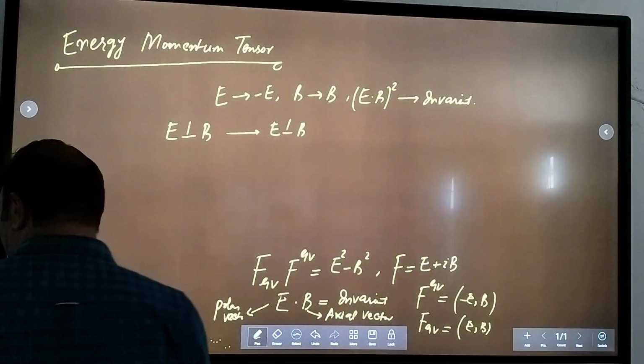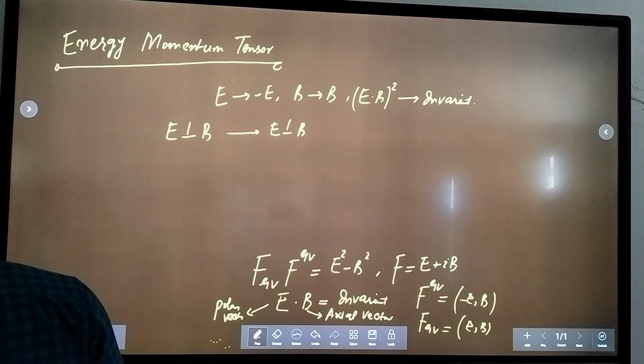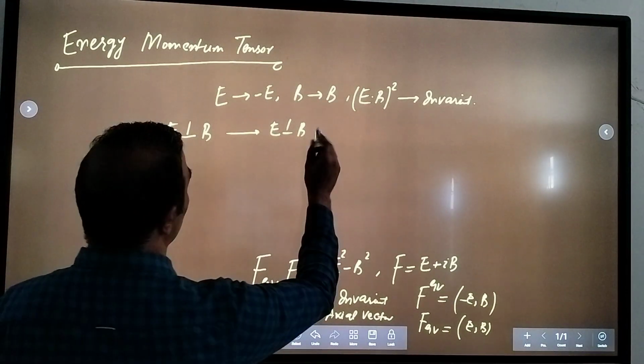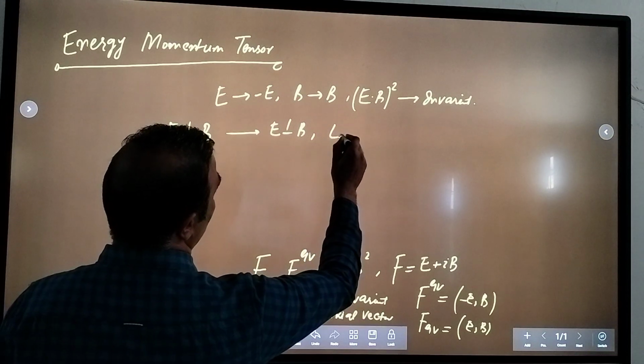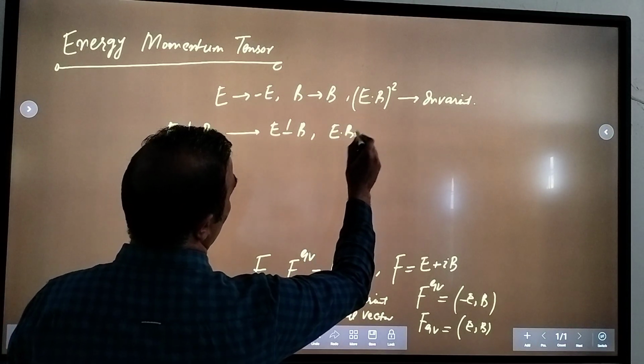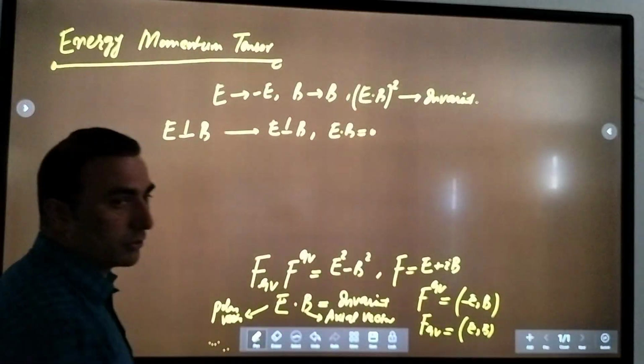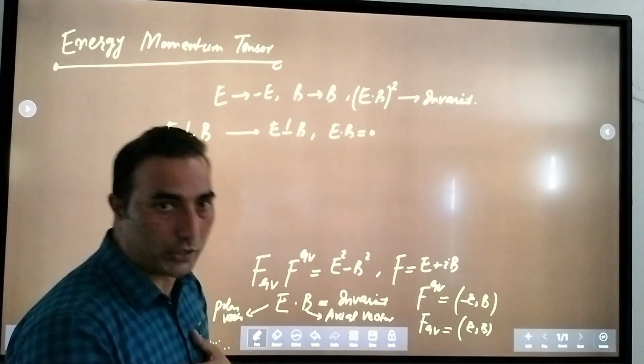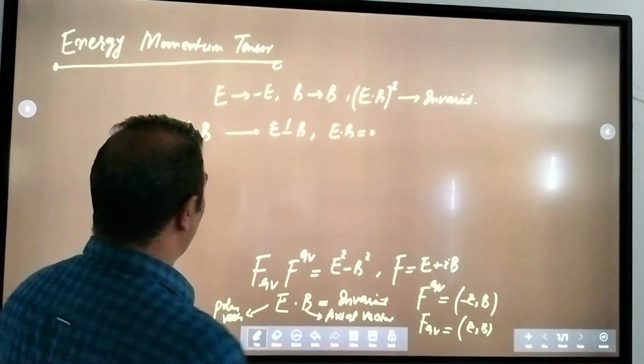So they will be at right angles in another frame of axes, right? Or you can say that when these are at right angles, E dot B equals 0, right? So E dot B will be 0 in the first frame, and this will be true for the other frame of reference if you transform it, if you want to calculate this in another frame, right?